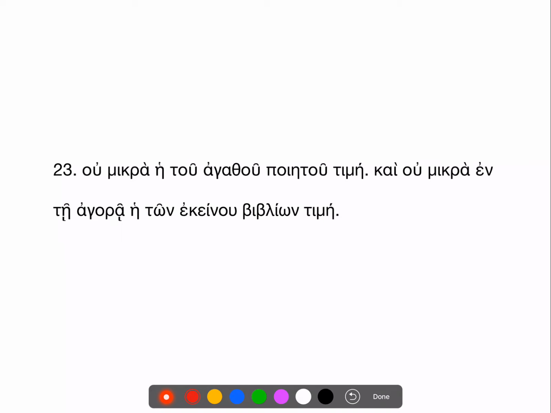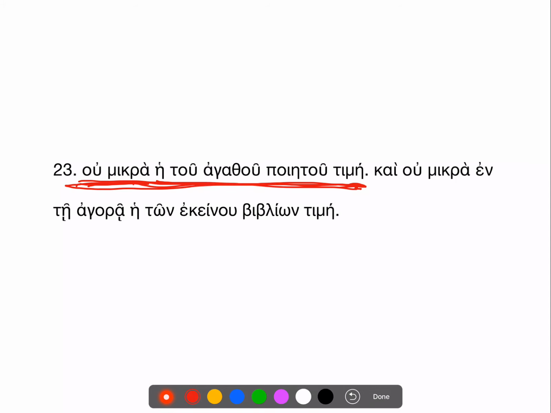Ou mikra he tou agathou poietou time. Kai mikra en tei agorai he ton ekeinou biblion time. All right, so this first sentence, it's one of these sentences, like agathos ho oikos. Good is the house, right? Works like that. So, mikra he time.